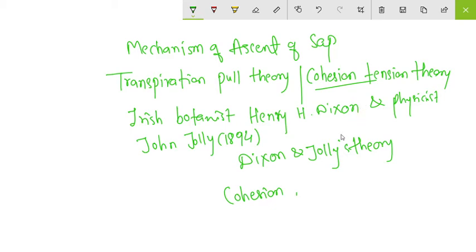Many scientists supported this theory and confirmed that the ascent of sap occurs through the mechanism of transpiration pull. This theory has some important features.